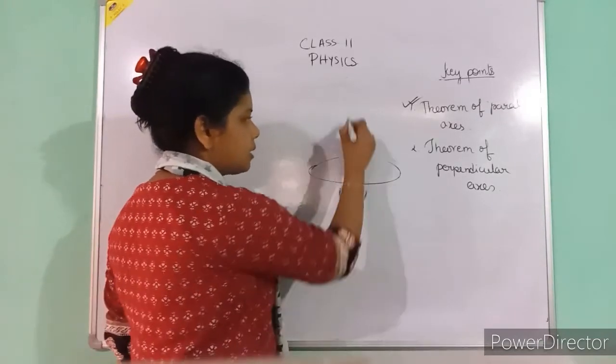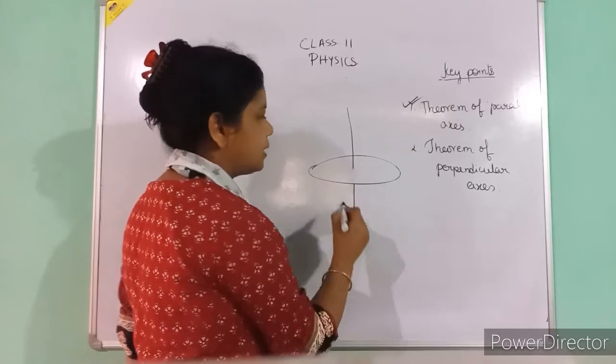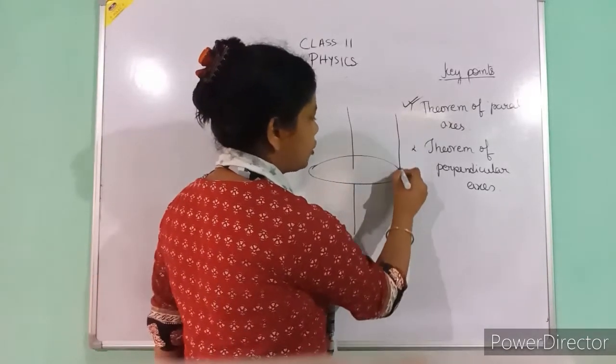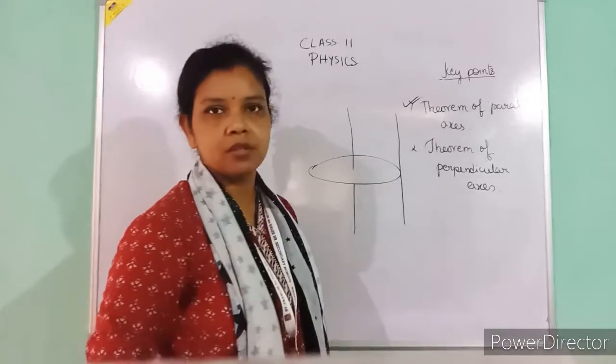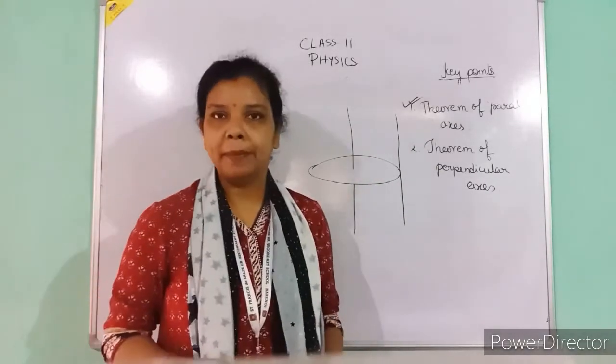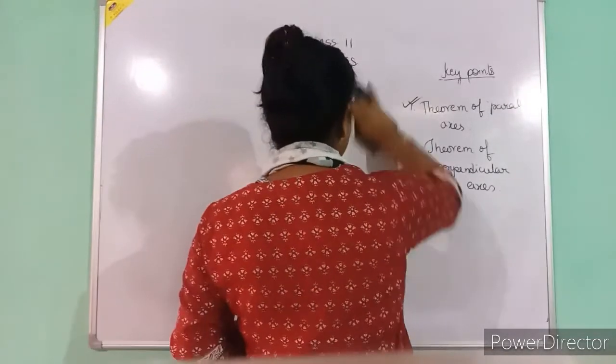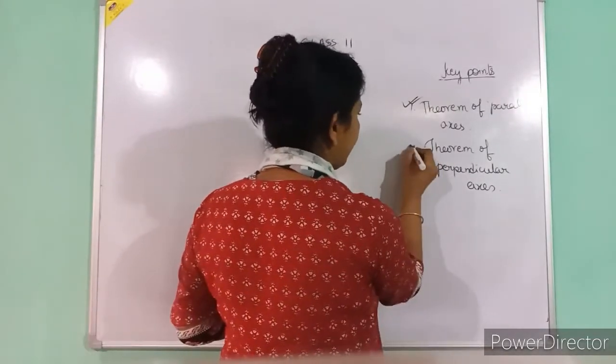So this is the disk and this is an axis. Can I say it is passing through the center? Yes. And if I want to find the moment of inertia about the axis which is tangent, then I will use the parallel axis theorem. Okay, so let's move to the next topic, that is the perpendicular axis theorem.